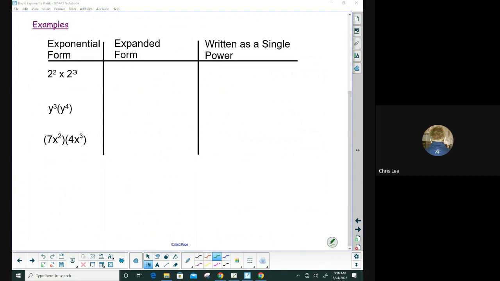If we write it out like we have over on the whiteboard here, 2 to the power of 2 means 2 times 2. 2 to the power of 3 is 2 times 2 times 2. And we're multiplying those together. And so now this is a representation of 2 to the power of what? 5. We, of course, aren't going to be expected to write these out all the time. The rule tells us that it's going to be 2 to the power of 5.